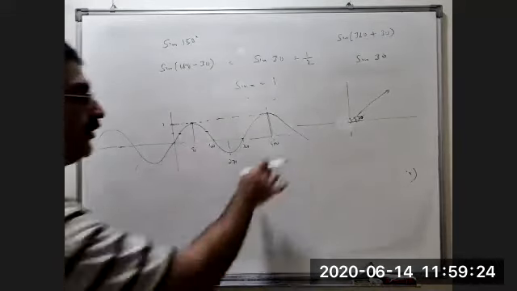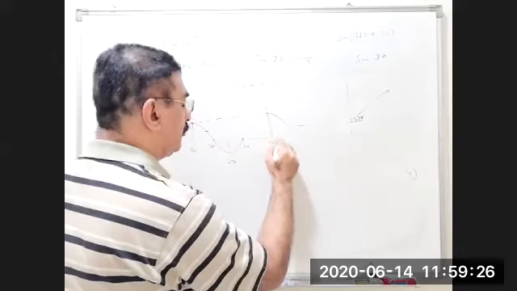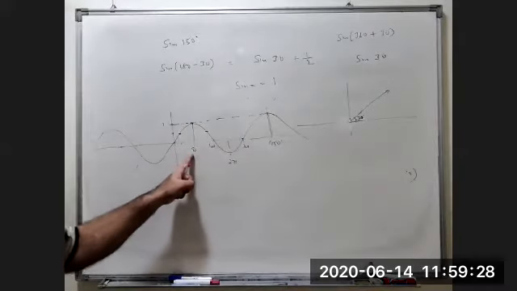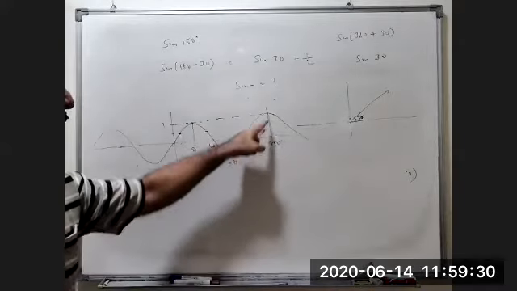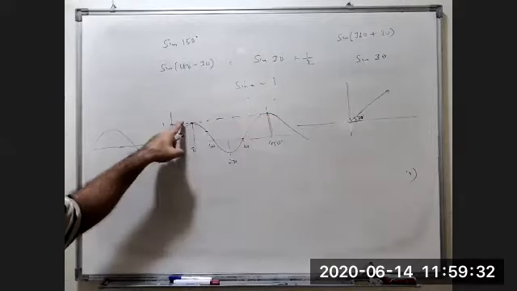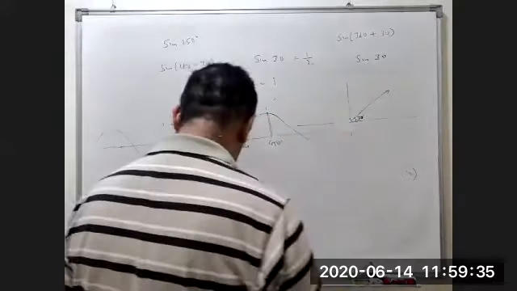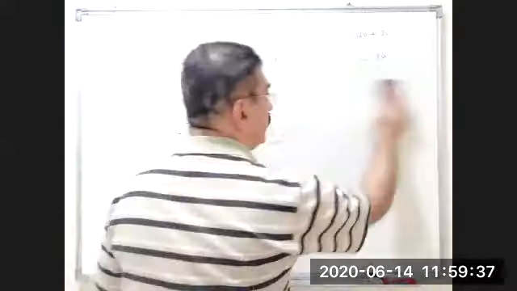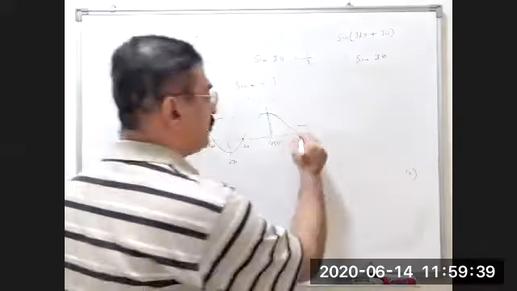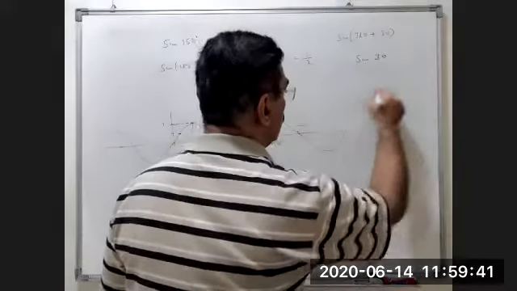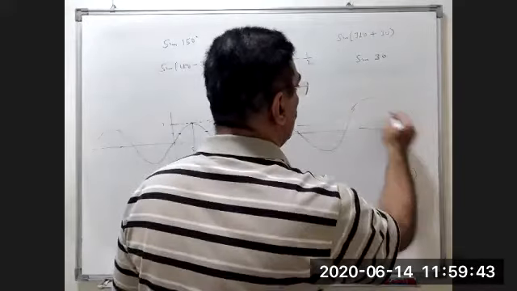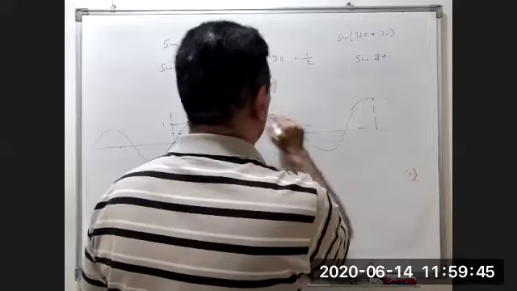Again see, 450 degrees. 90 plus 360 is 450 degrees. At 450 degrees also we get 1. Again, if you are adding another 360 degrees, it comes here. Here also we get the value 1.